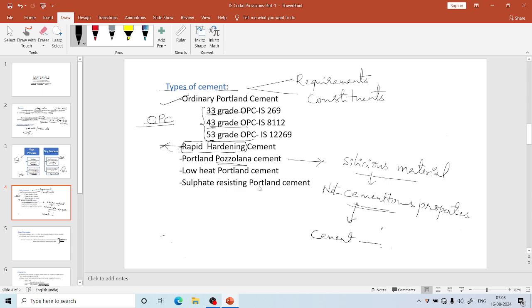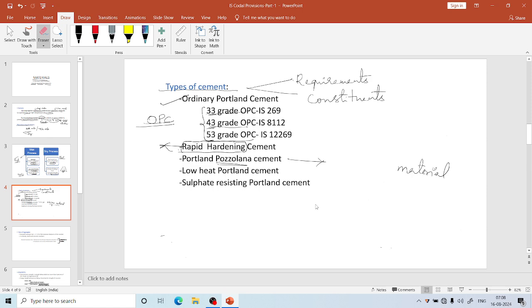Portland pozzolana cement is used in places where high workability is required at lower water content.